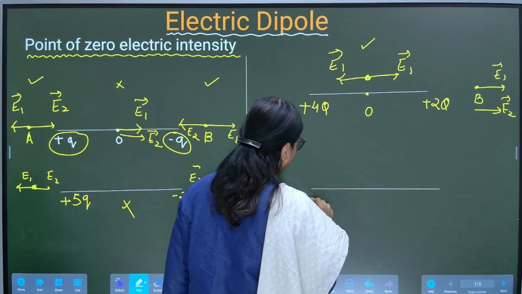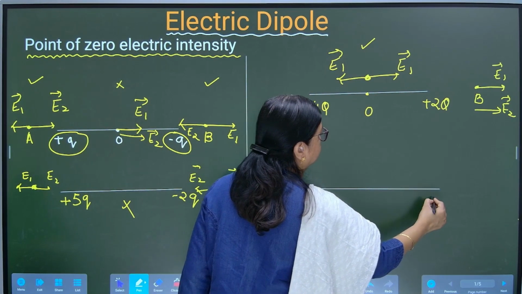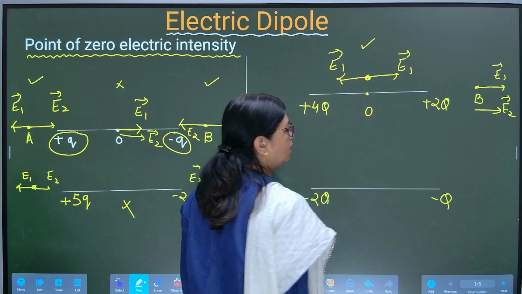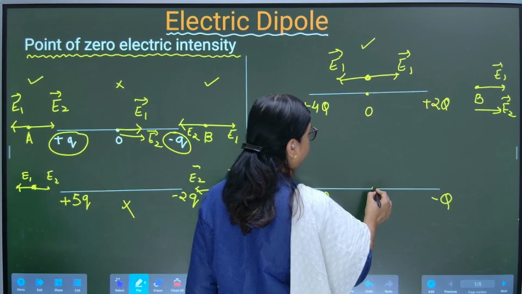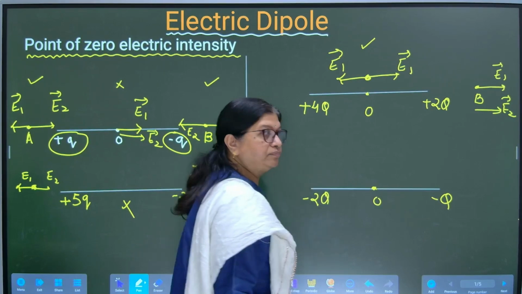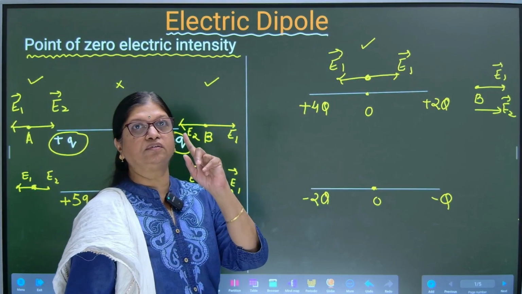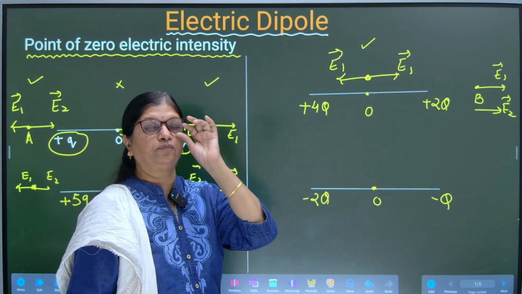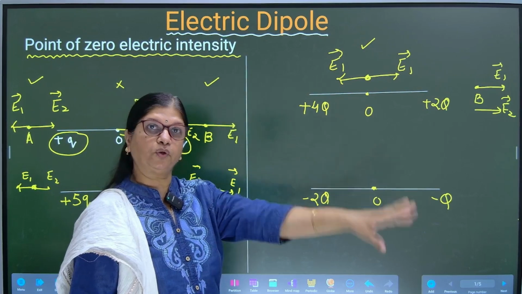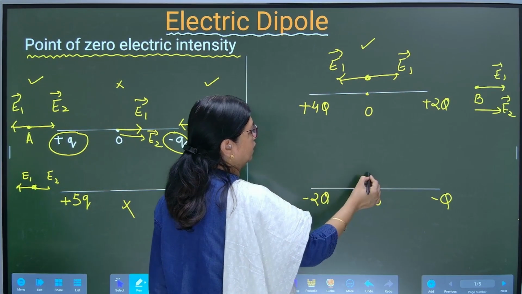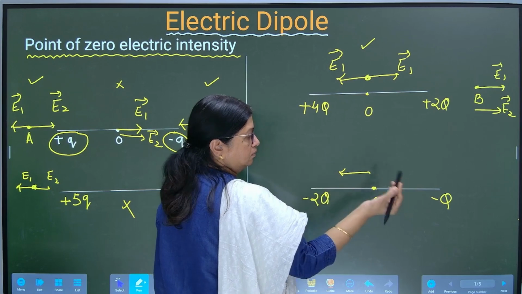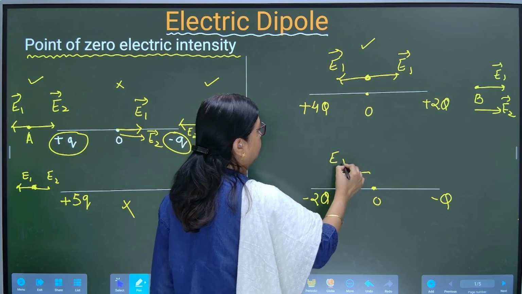Now let us take two negative charges. Again let us search somewhere here, O. We are just trying with our rule how to draw the electric field direction. Okay, so how do I do it? For minus 2Q I should go towards the charge, electric field E1.